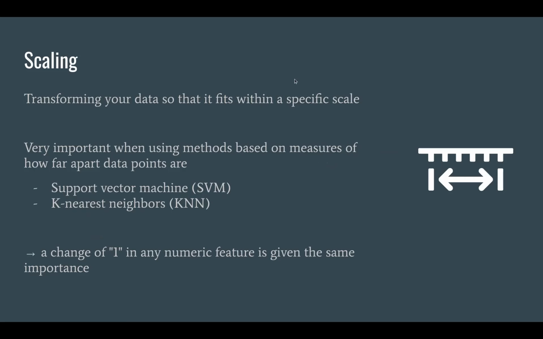You may want to fit it in a scale of 0 to 100 or 0 to 1, and this is really important because when you're using methods based on measures of how far apart data points are, like support vector machine or k nearest neighbor, we will learn more about these, but just know that this scaling is important.